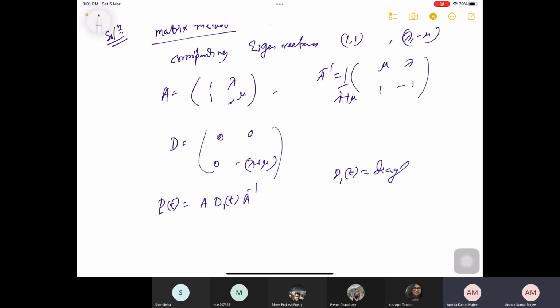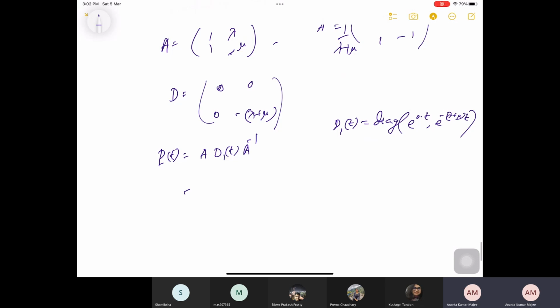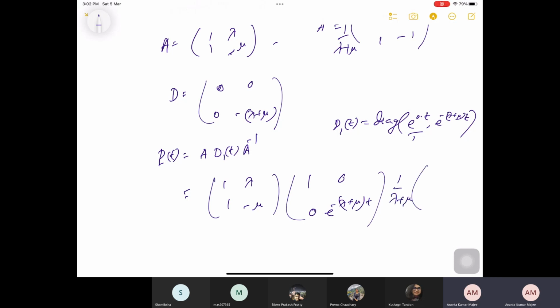This is again the diagonal matrix with diagonal entries e to the power 0 t, which is 1, and e to the power minus lambda plus mu times t. So P(t) is 1 lambda 1 minus mu times 1 0 0 e to the power minus lambda plus mu times t, and then 1 by lambda plus mu times mu lambda 1 minus 1.